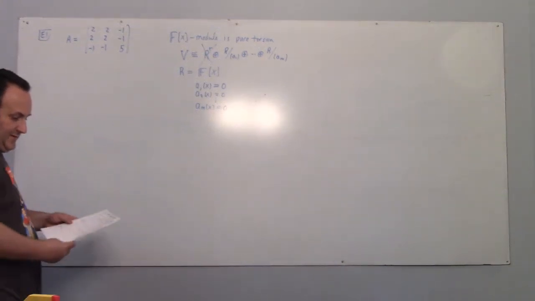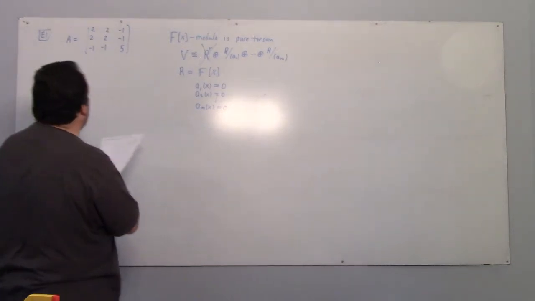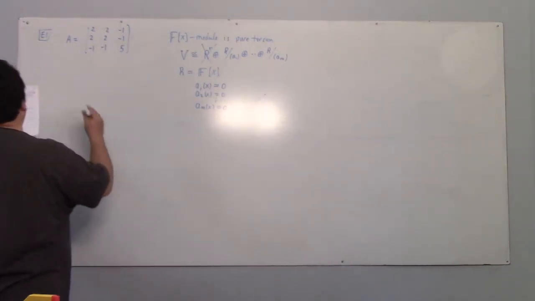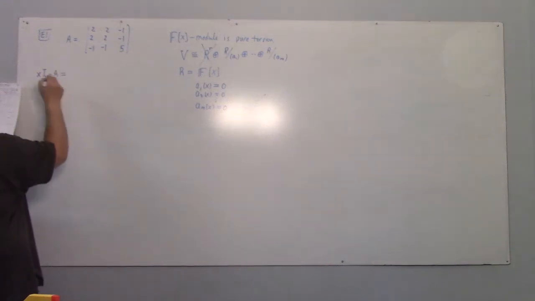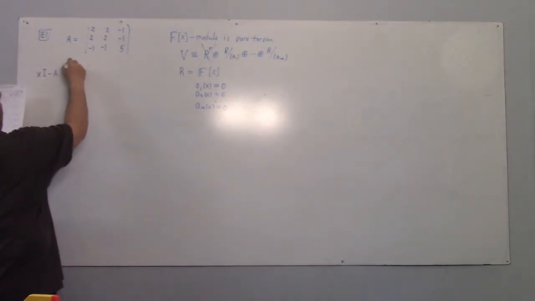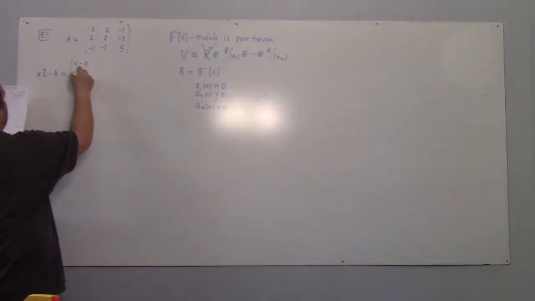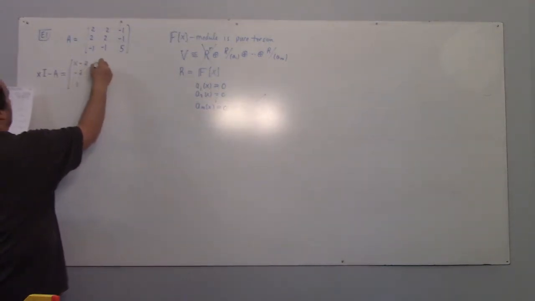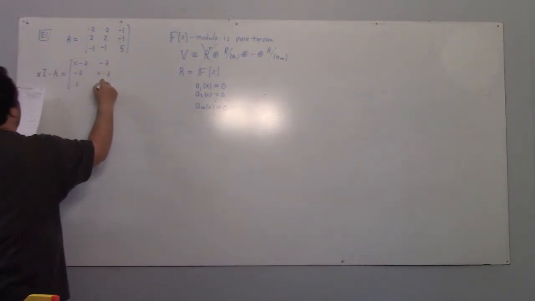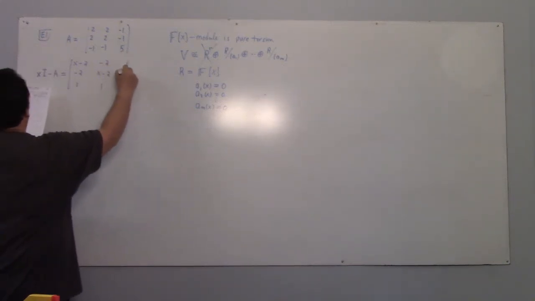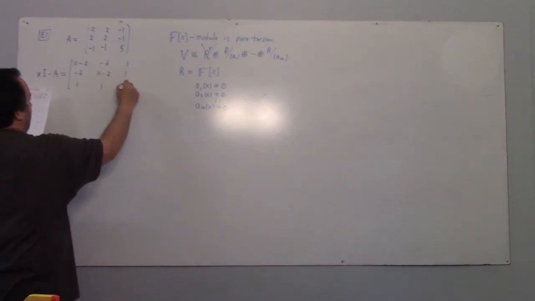Which matrix do we look at in particular? We look at xI minus A. So that's going to give me x minus 2, minus 2, 1; minus 2, x minus 2, 1; 1, 1, x minus 5.